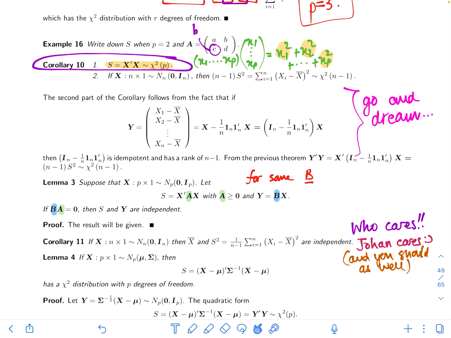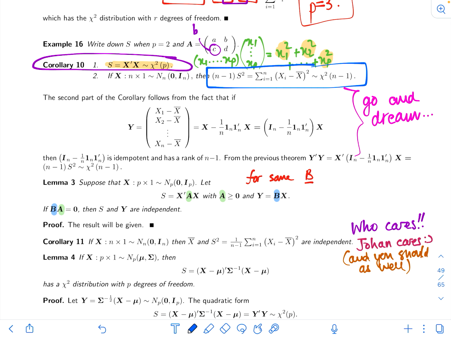Then we're just showing that n minus 1 times s squared will give me its own chi-square distribution again. Immediately, we're starting to touch again on sampling distributions of certain functions of my data matrix or of my x vector. And that's what we want to use this for.